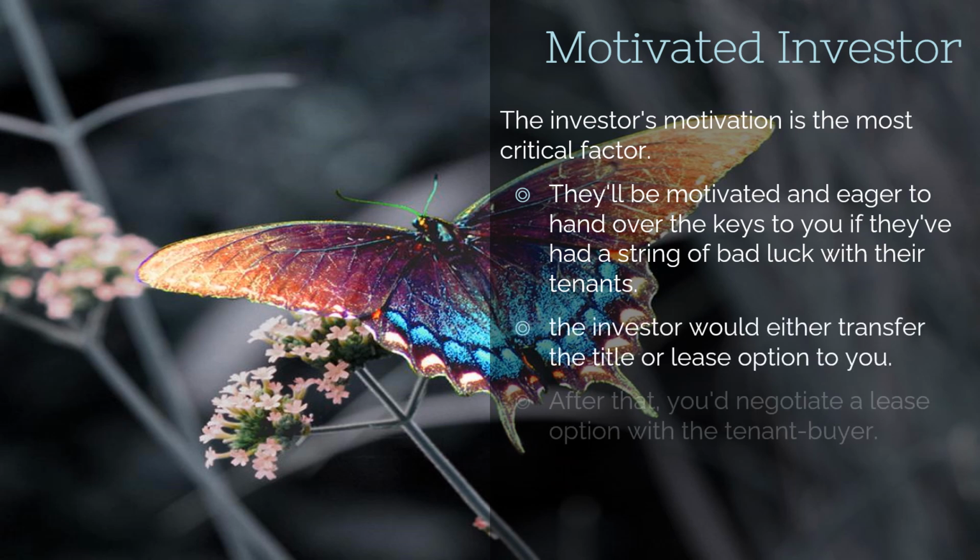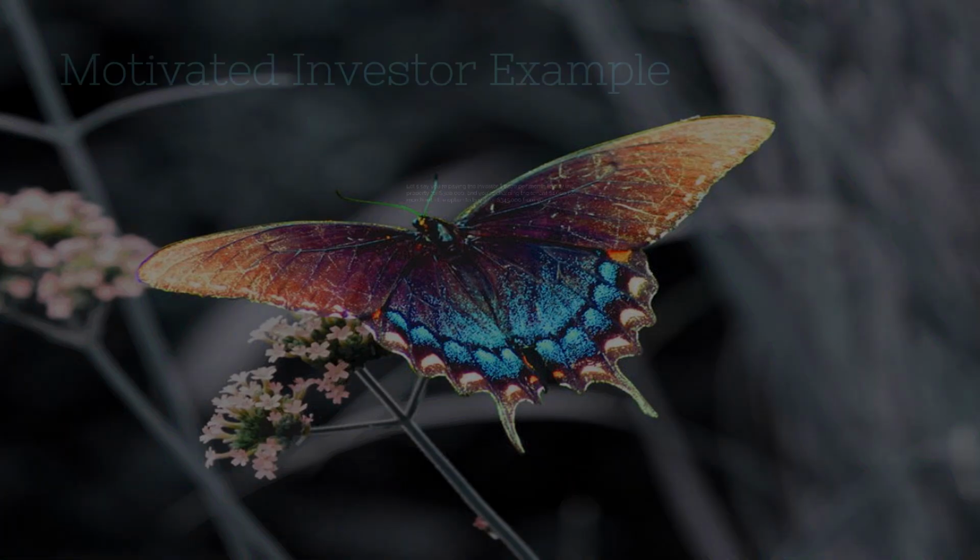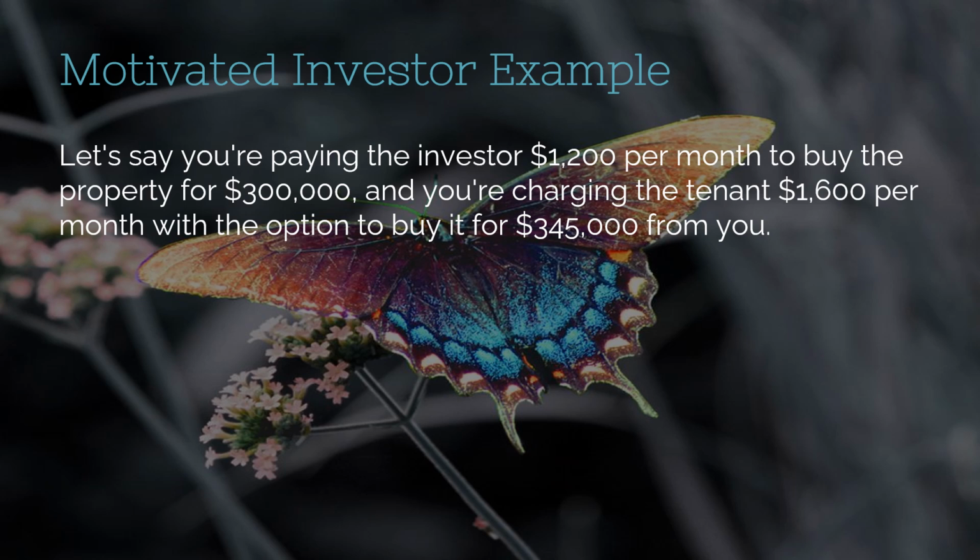After that, you will negotiate a lease option with the tenant buyer, and the spread is where you make the money. Let's say you're paying $1,200 per month to purchase a property for $300,000, and you're charging the tenant buyer $1,600 a month with the option to buy at $345,000.